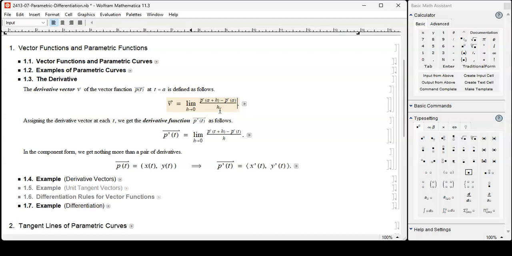You can divide by h because h is a scalar, just a real number, so it's the same as multiplying by 1 over h, no problem there. And then take the limit, you're going to get the instantaneous rate of change, which we call the derivative. It's a vector, so it's a derivative vector. Some people call it the velocity vector.